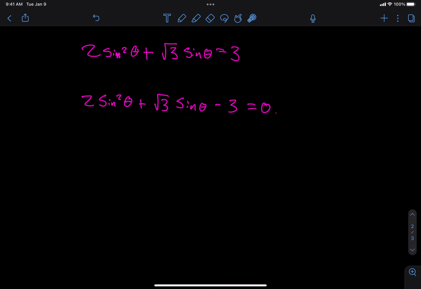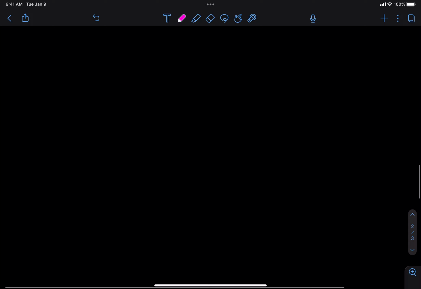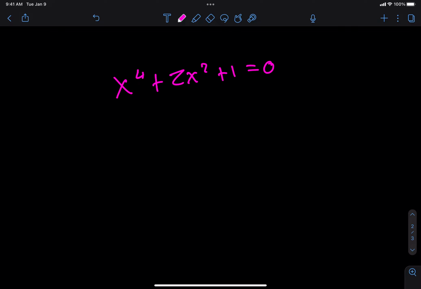So the way that we want to solve something that is quadratic in form, if you remember, how did we solve equations which were like this? X to the 4 plus 2x squared plus 1 equals 0. Do you remember how we solved these ones? We said, well, if we make the change of variables y equals x squared, then we could rewrite this equation as y squared plus 2y plus 1 is equal to 0.